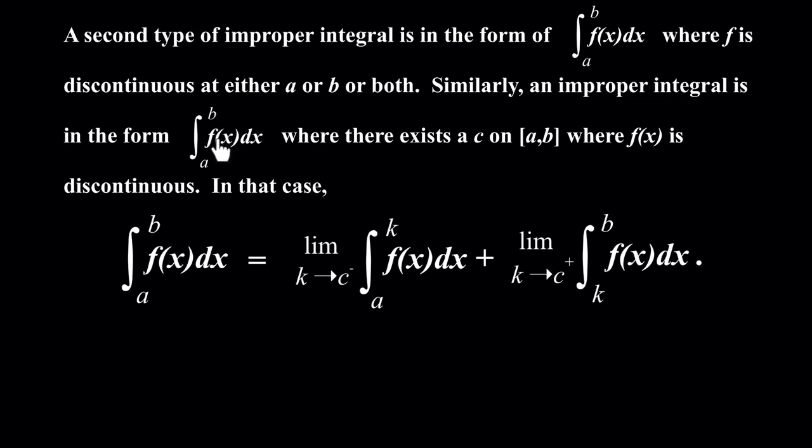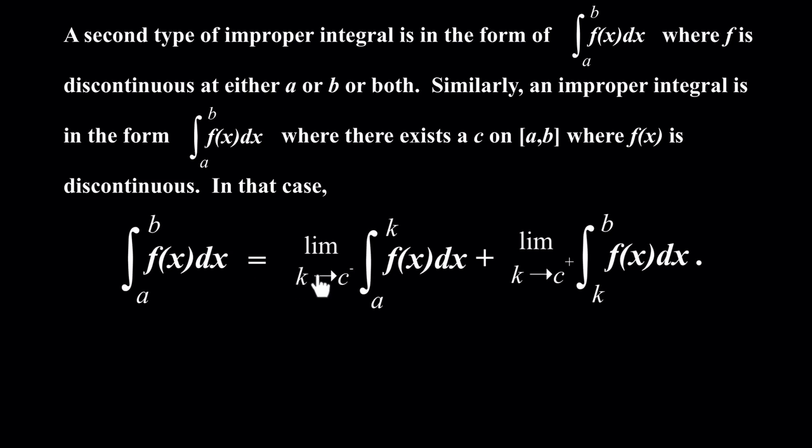Well, you cannot evaluate 1 over x at x equals 0. 0 is on the interval between negative 2 and positive 2, so your function is discontinuous at a value somewhere in that interval.